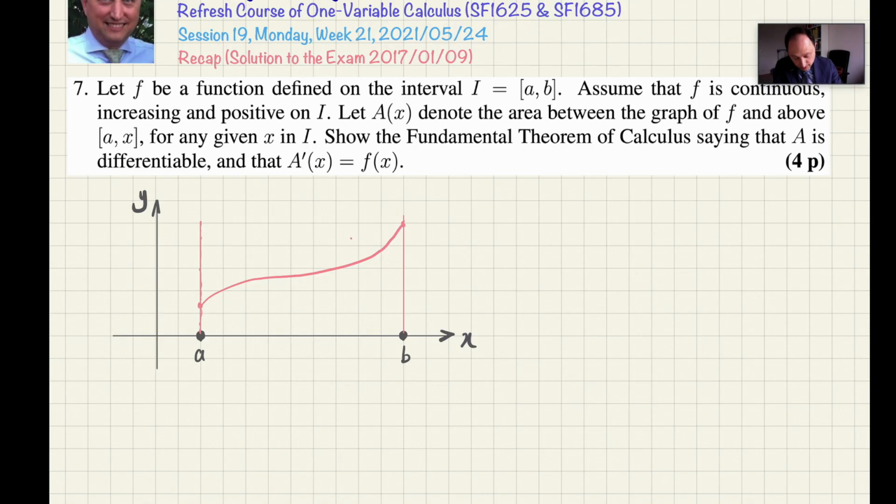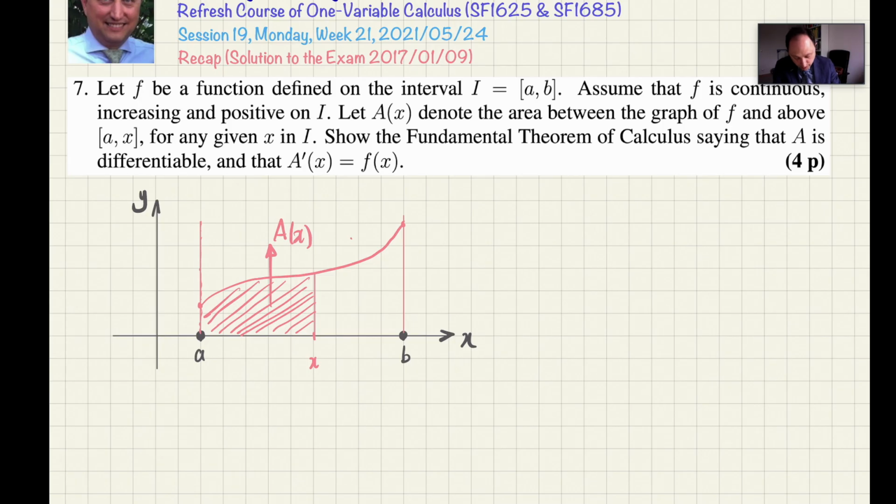And then let A of x denote the area between the graph of f and above this. So x is somewhere here in this interval, and this area that you see is called A of x.